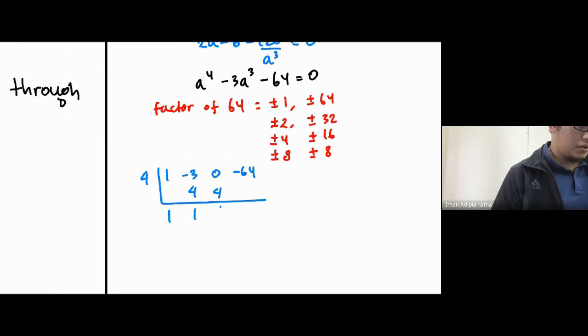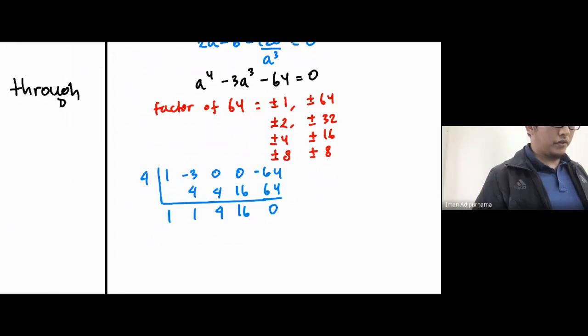4, 4, 4. Oh, wait, wait, wait. This should be 0, 0. Yeah, at least we get 4.